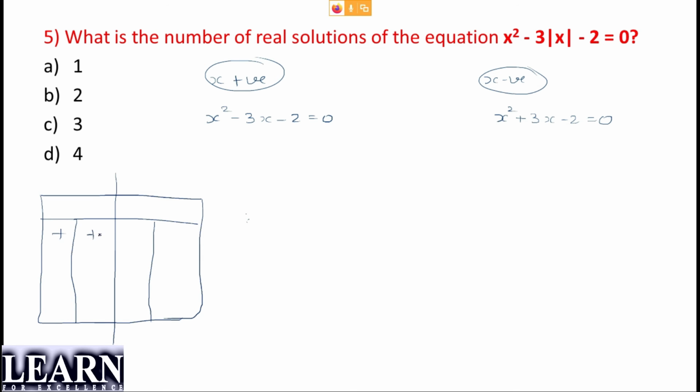Plus plus, plus minus, minus plus, and minus minus. These were the 4 sets of values. These were the signs of the question, and these were the root signs. This was larger and this was the smaller.